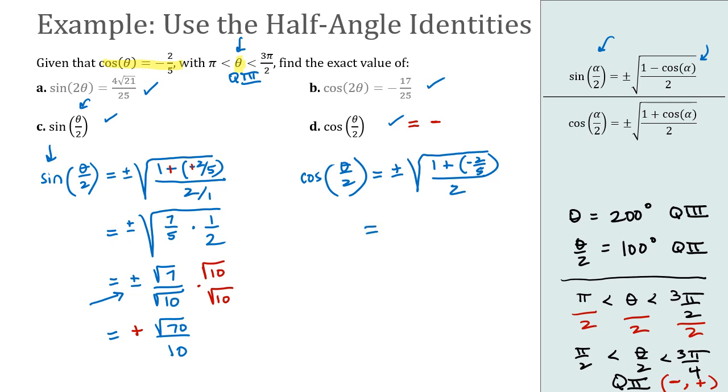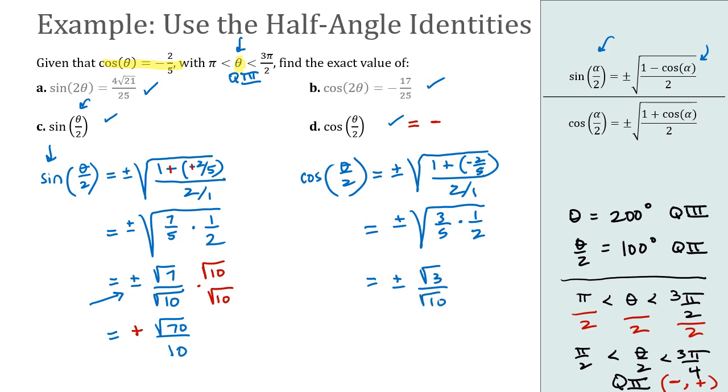Okay, so that is plus or minus the square root of, we can think of 1 as 5 over 5, so 5 over 5 plus negative 2 over 5 is 3 over 5. And again, instead of dividing by 2 over 1, I'll multiply by 1 over 2.